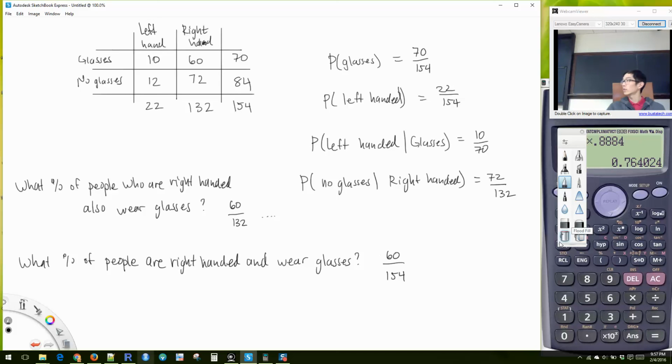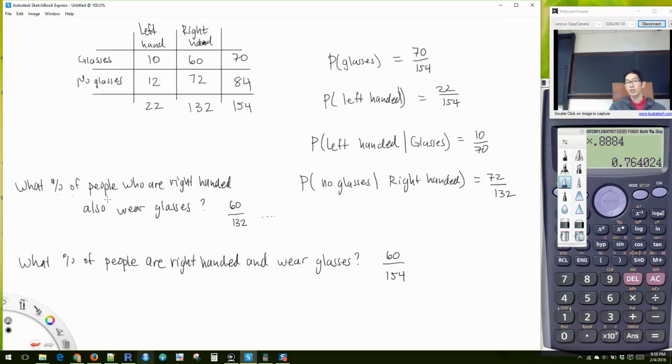Okay. And is this okay? So the key here is this one says of people who are right-handed, and this one just says of people. So here we are limiting ourselves only to right-handed people. There's only 132 people who are right-handed.